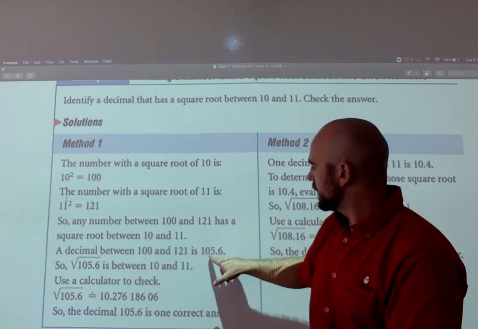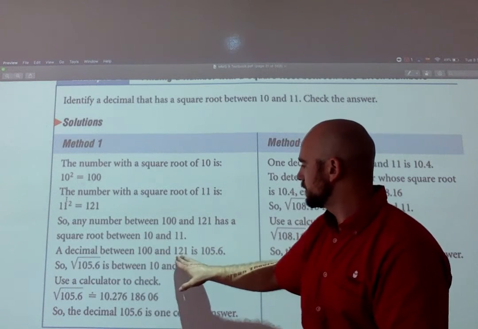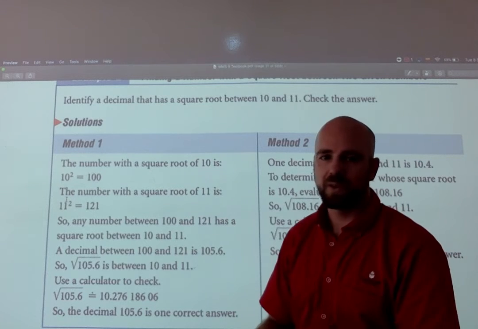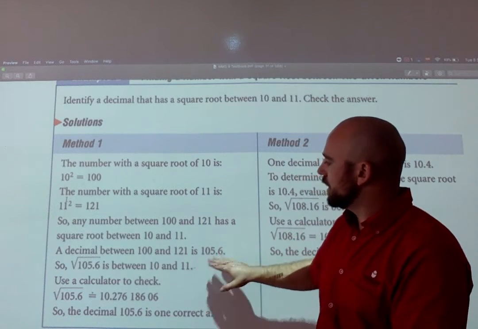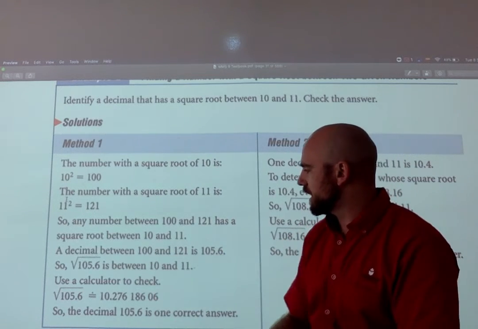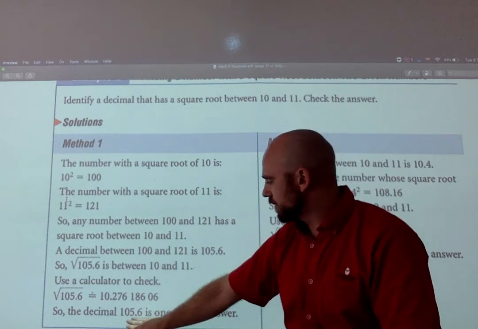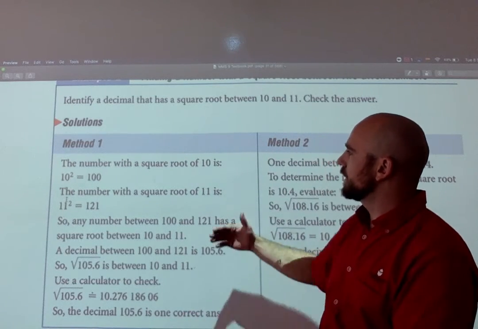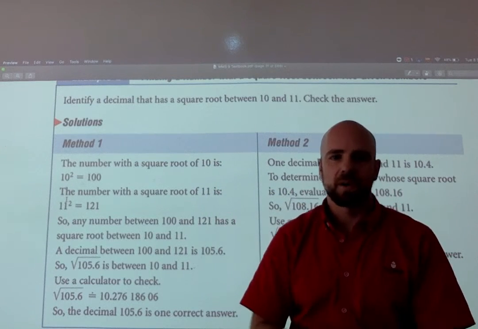Okay, so they're saying a decimal between 100 and 121 is 105.6. So we know that the square root of 105.6 is going to be somewhere in between here. So they use a calculator to check, and they get this long number. So the decimal 105.6 is one correct answer. All right.